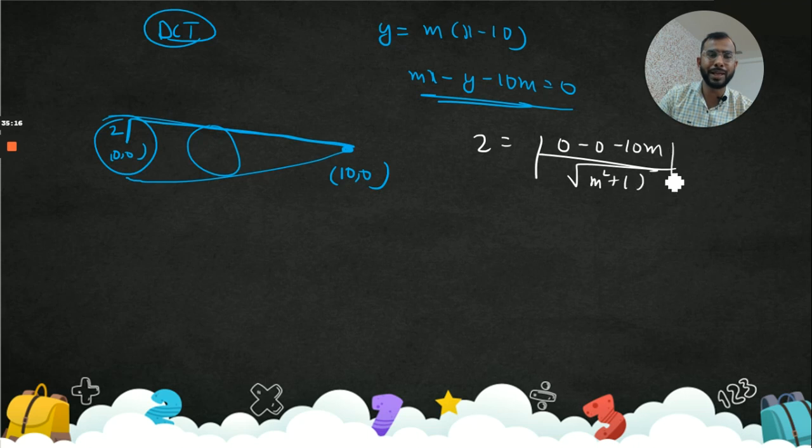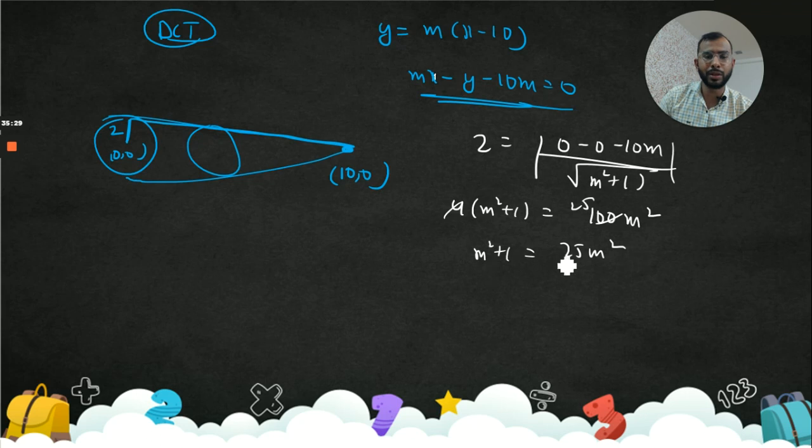How is m square plus 1 coming, everyone? Coefficient of x square plus coefficient of y square. 2 square is 4, so m square plus 1 is 100 m square. Oh, m square plus 1 is 25 m square. 24 m square is equal to 1.